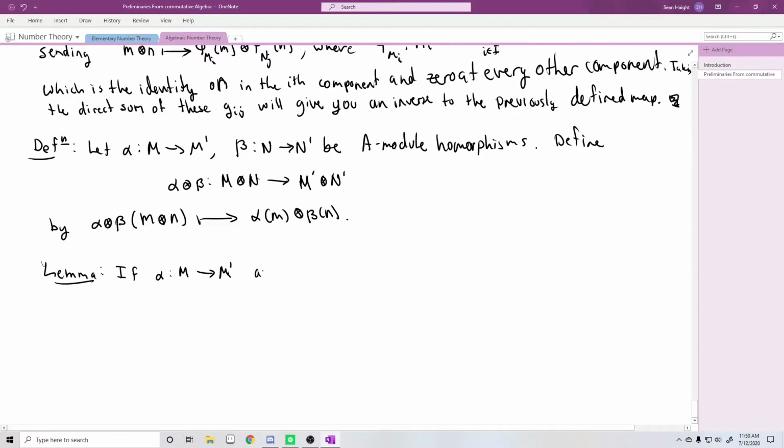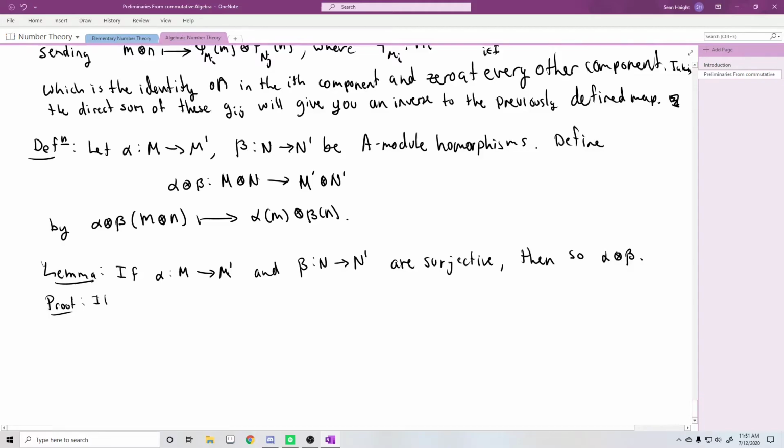Okay. So if alpha and beta are R modules, and they're both surjective, then so is the tensor product of these maps. Proof. All I really need to do is show that every simple tensor is in the image of this alpha tensor beta map, because the simple tensors generate M prime tensor N prime.